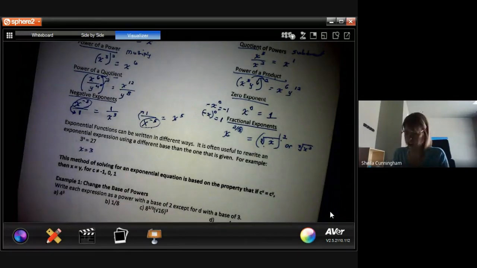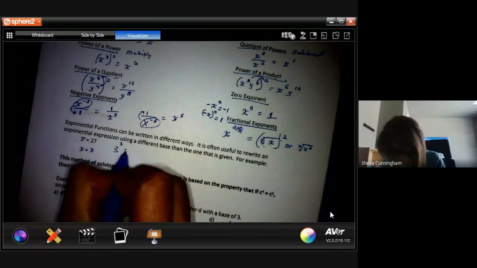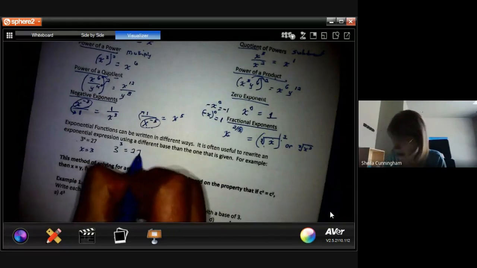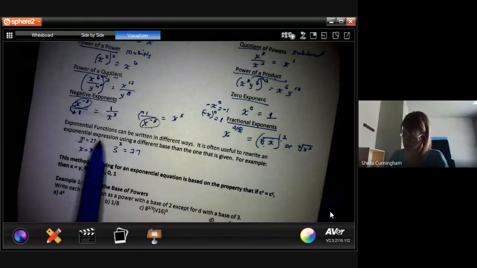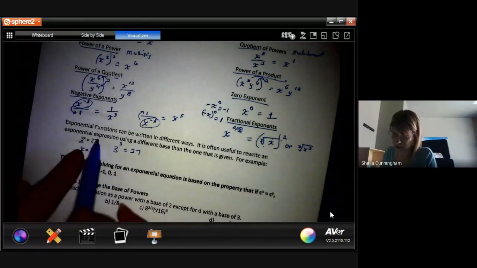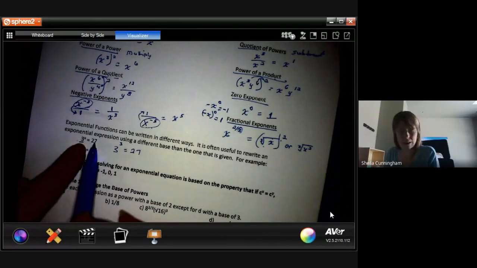That's all fine and good when we're working with somewhat easier numbers to figure that out, because really that's what this is saying: 3 to the power of 3 equals 27. Well, we can play around with this a little bit. If we talk about this being a base of 3, maybe we can manipulate the 27 and have it as a base of 3 as well?